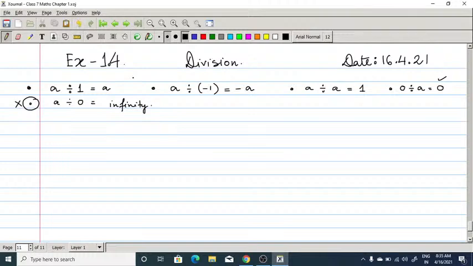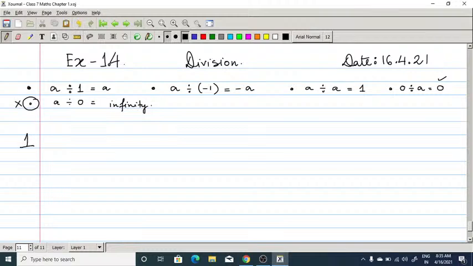You can also go to full screen mode for a better view. Okay, I'll write a little bigger.